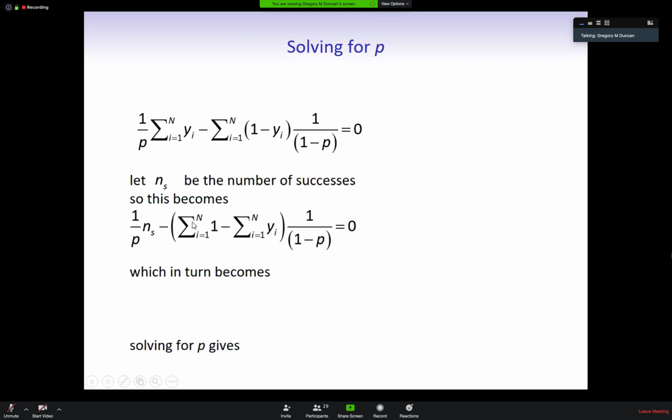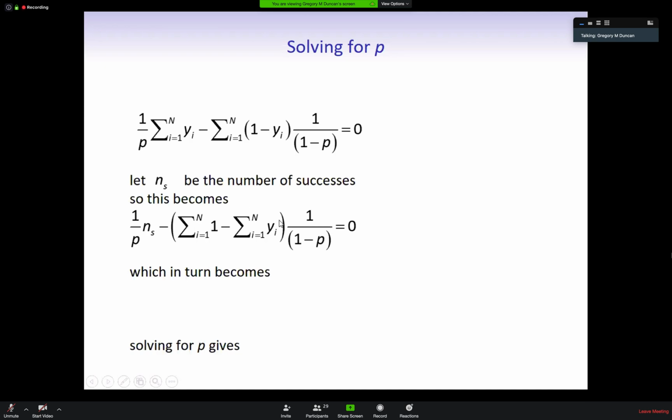And then I want to go through this in a little detail because a lot of people make mistakes on this. So let's just leave our minus sign out here. And let's do the sum of 1 minus yi. That's the sum of 1, n times, minus the sum of the yi's.